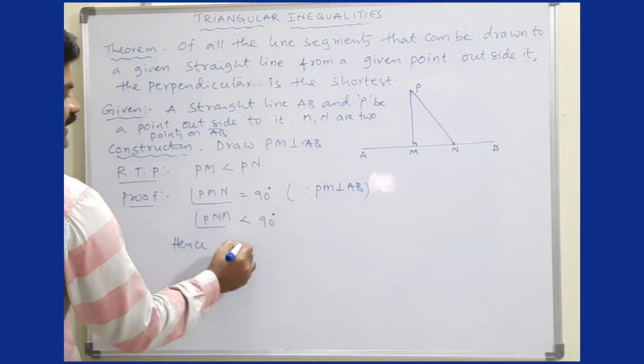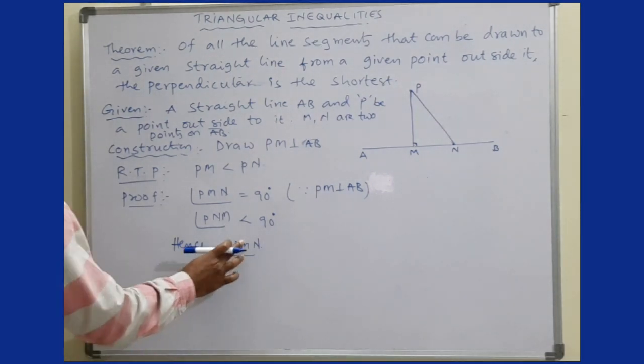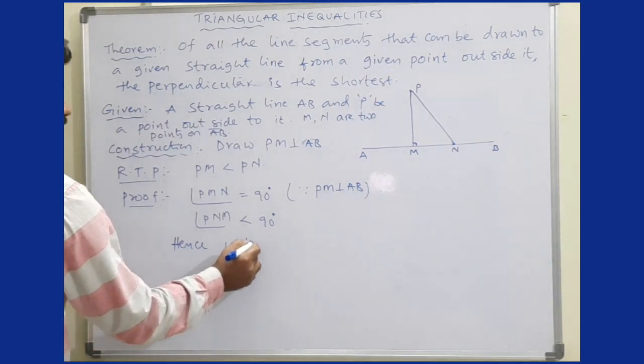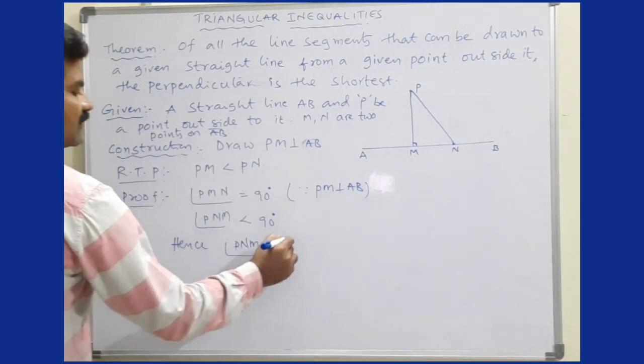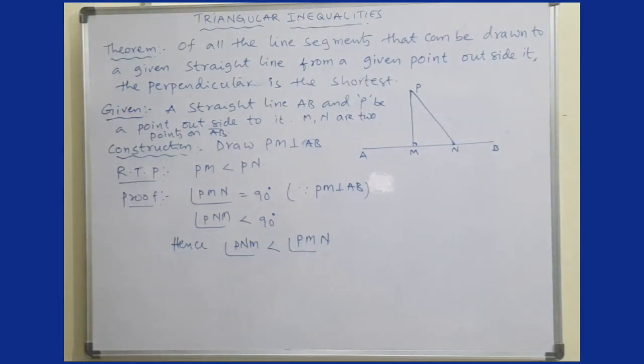Hence I can say that angle PNM will be less than angle PMN. Can I say it or not? From the above one. So just now we discussed greater side having greater angle opposite to it, as well as greater angle having greater side opposite to it.